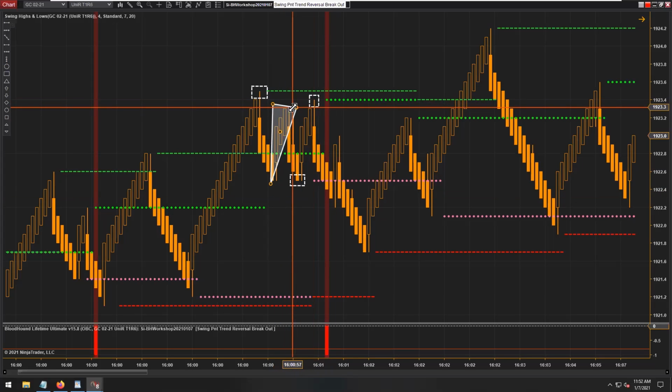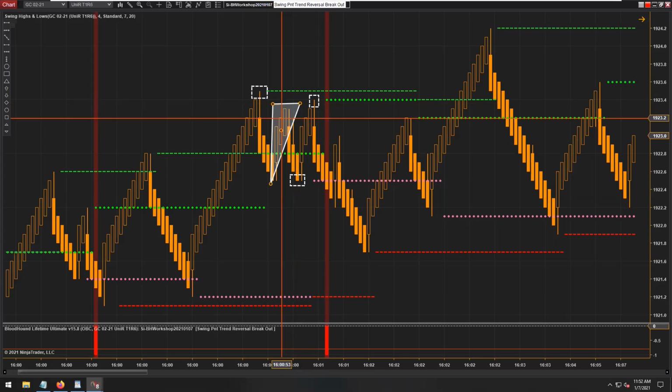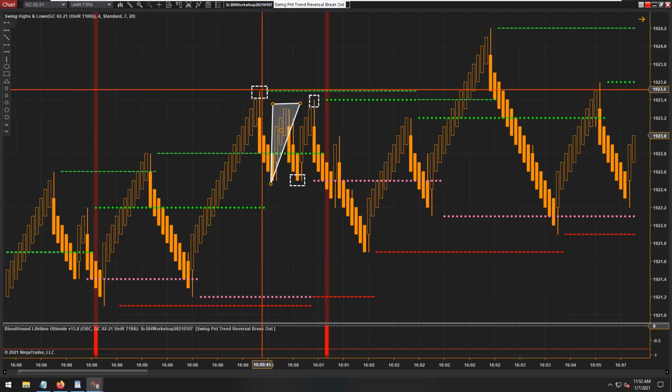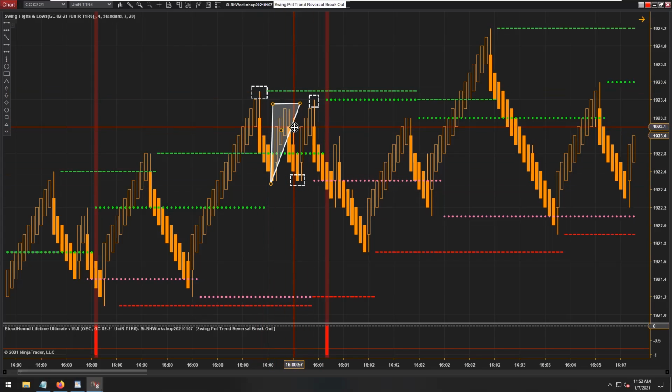So again, my point is that this is a good illustration of how important it is that you have your indicators set up correctly to identify the conditions correctly. In this case, it's the swing highs and lows identifying the swing points for us, right?